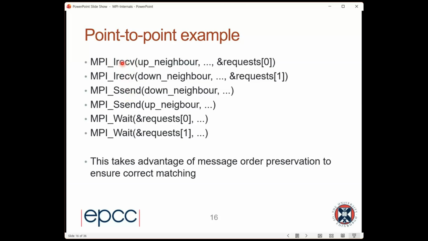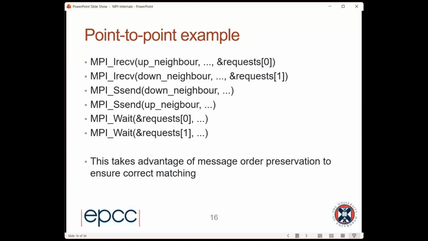If you wrote this with blocking calls, MPI receive, MPI send, this would be guaranteed to deadlock, because the receives are waiting for the sends to happen, but they never happen because everyone's sitting in the receive. And so we use non-blocking here, which we post. We say, I'm expecting a message from my up neighbor, I'm expecting a message from my down neighbor, and then I can get on to sending my messages. I'll send down and up.